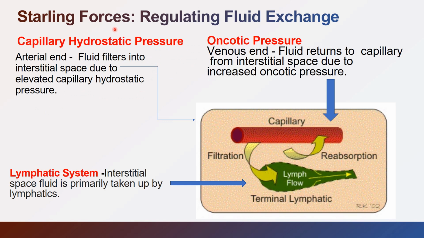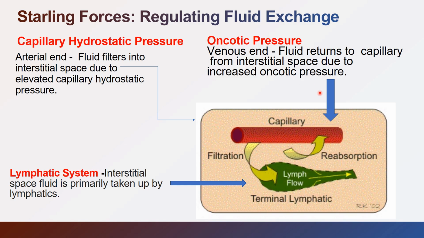So let's see how the Starling forces are regulating the fluid exchange between those two compartments, that is plasma in the intravascular compartment and the interstitial space. So if you see at the arterial end, the fluid filters into the interstitial space from the capillary due to elevated capillary hydrostatic pressure. Fluid is filtering out to the interstitial space. So this pink area is the interstitial space.